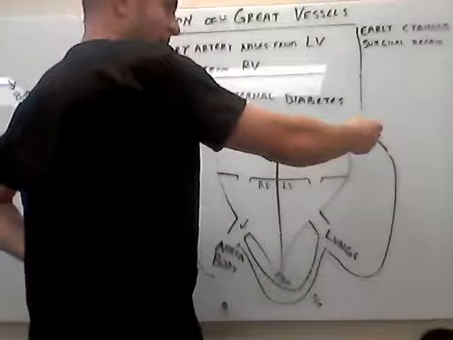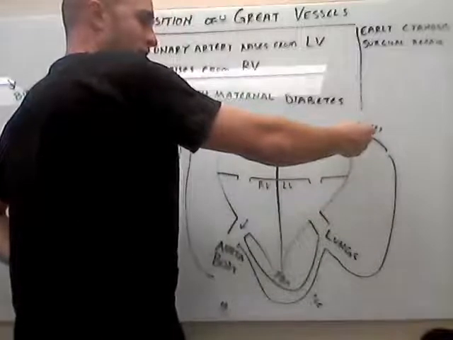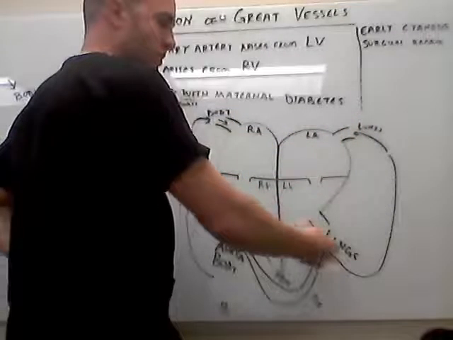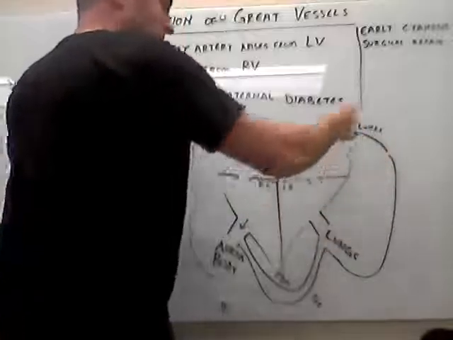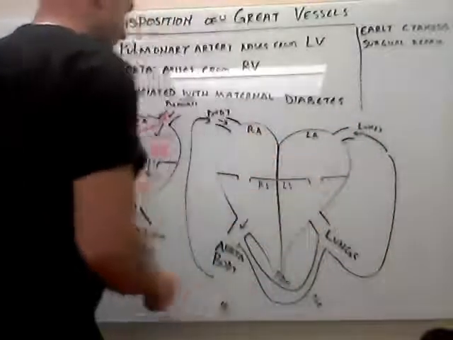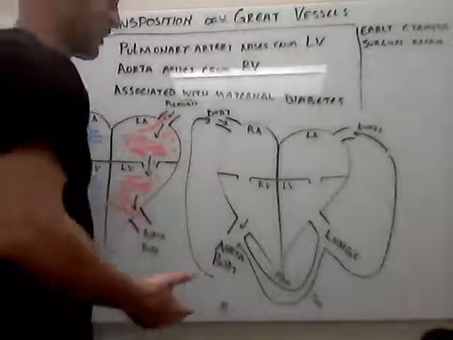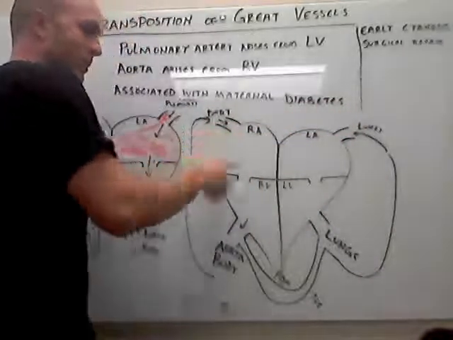And on the other side, same thing, another loop. It goes from the lungs to the left atrium, down to the left ventricle, back into the lungs, and just makes a loop. So we've got two loops going on here instead of a figure eight, what was going on over here where it crosses over and the lungs are kind of in the middle there. So now it's just a lung loop and a body loop.